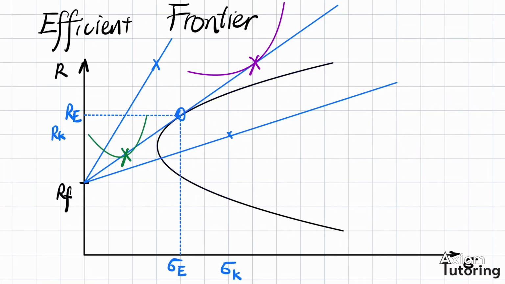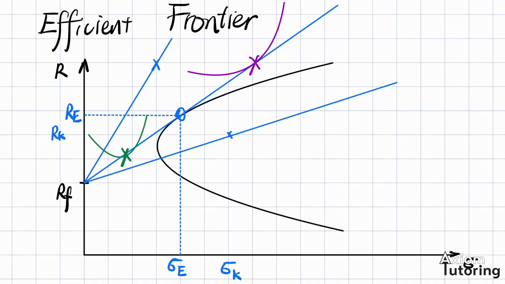With only risky assets, the efficient frontier is anything that is not dominated. This bit will never be efficient because it is strictly dominated, and this section will be strictly dominating. So anything on this curve will be your efficient frontier if you don't have any risk-free assets.